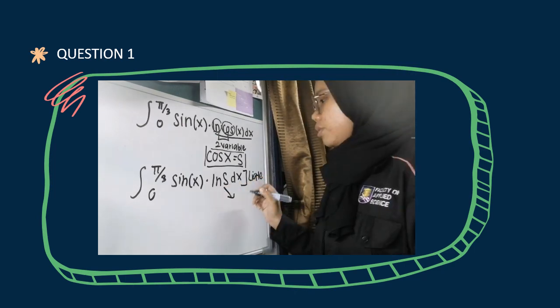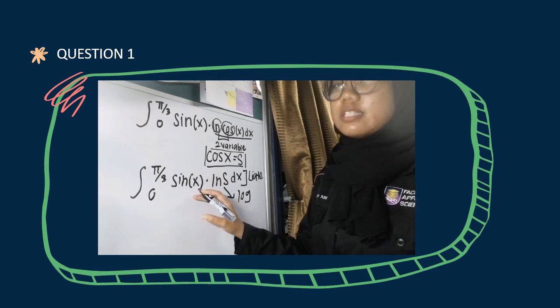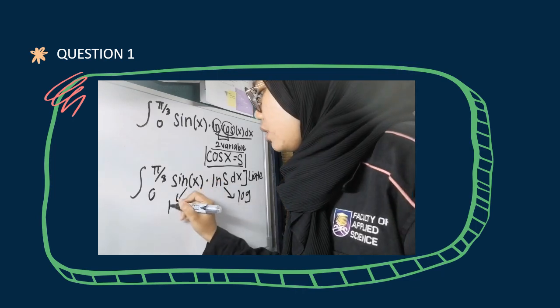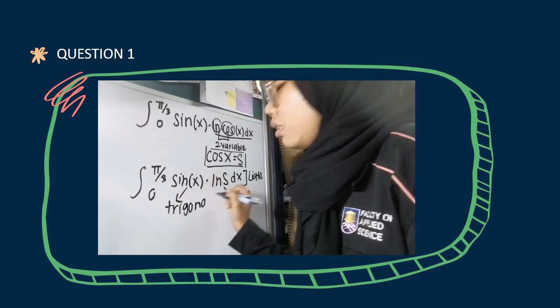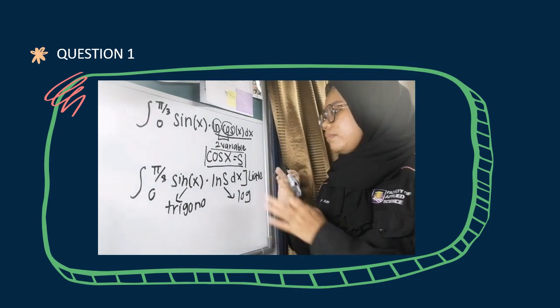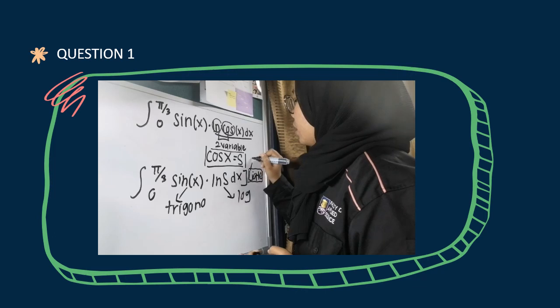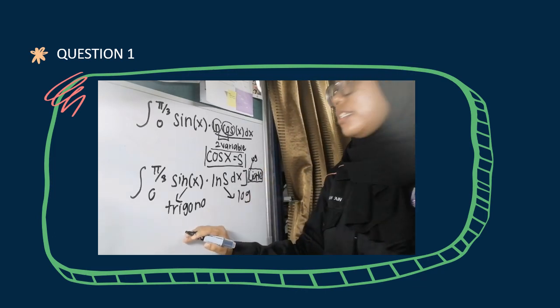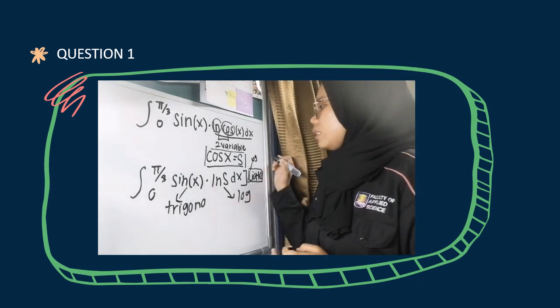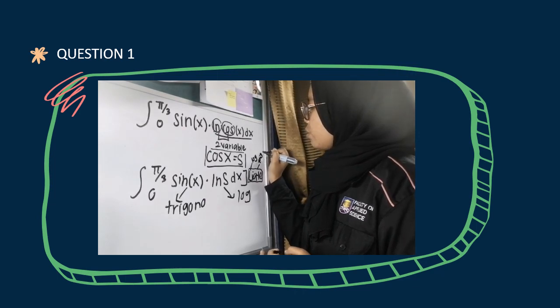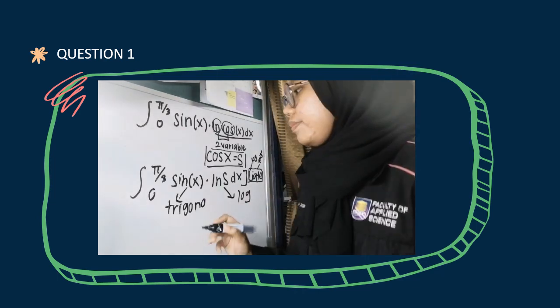We have a log here, and sine x is the trigonometric. In LIATE, L is the first, for log, so trigonometric is behind log. So we're going to choose log as our u.